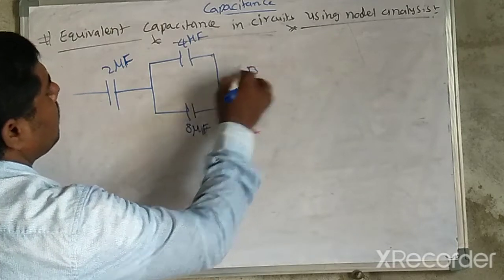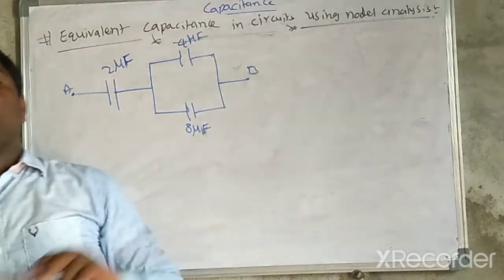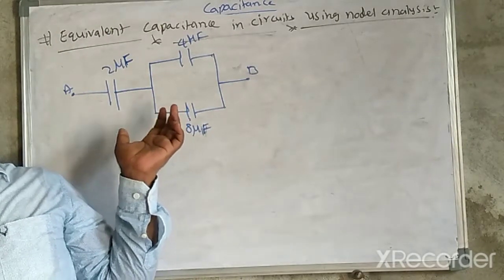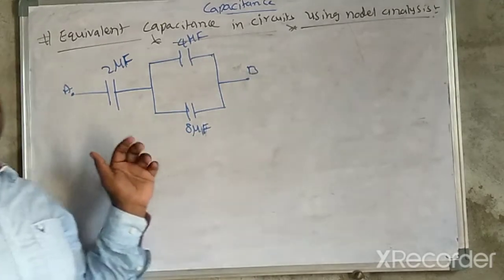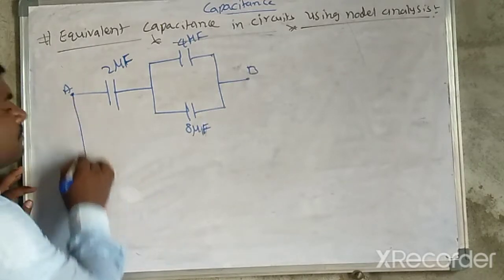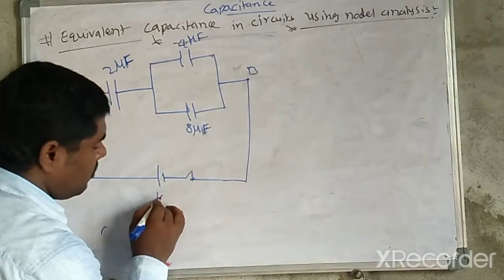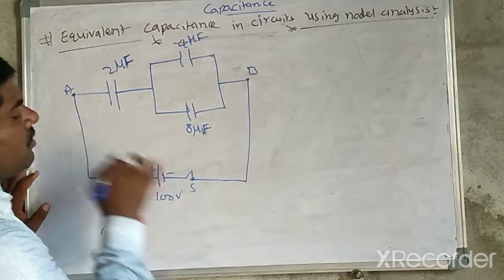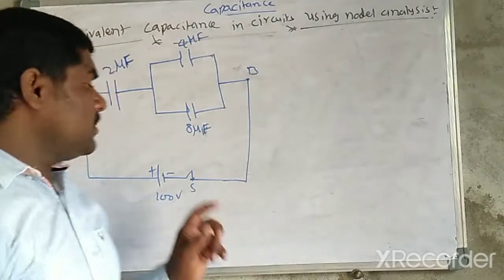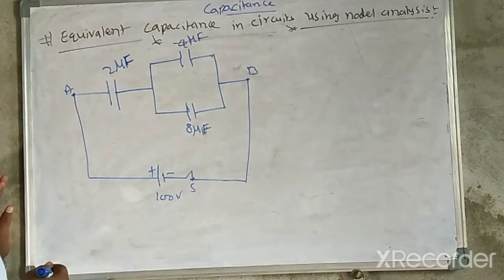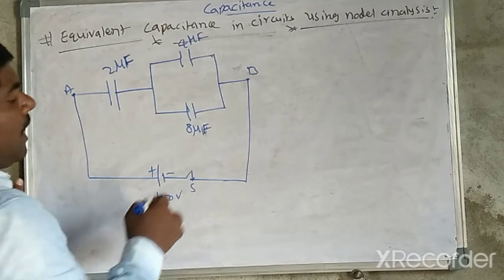So here the B. For calculation of the equivalent capacitor of a circuit, we always use a 100-volt battery. This is a switch.